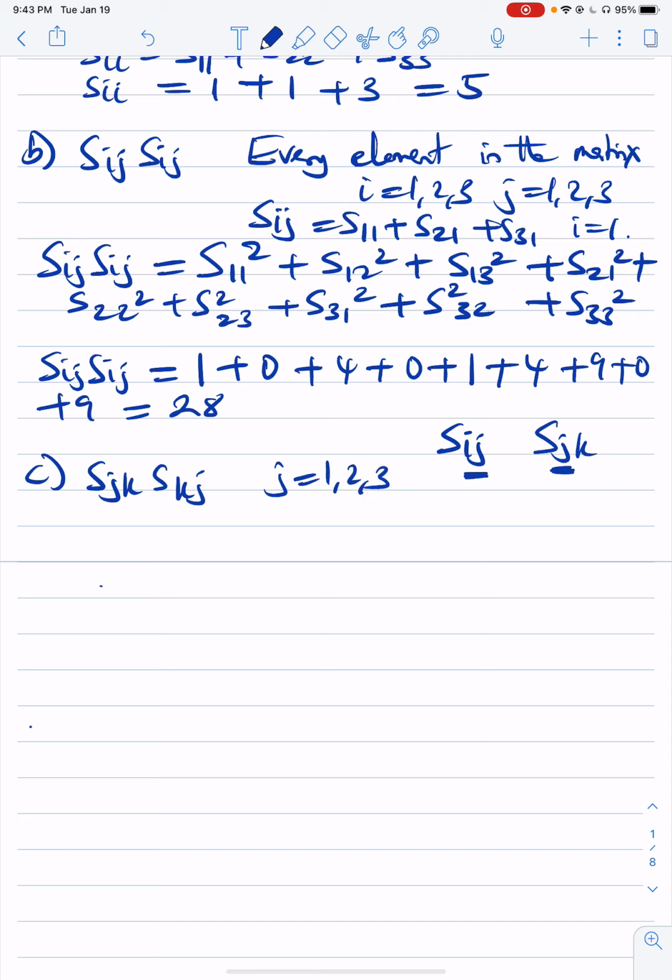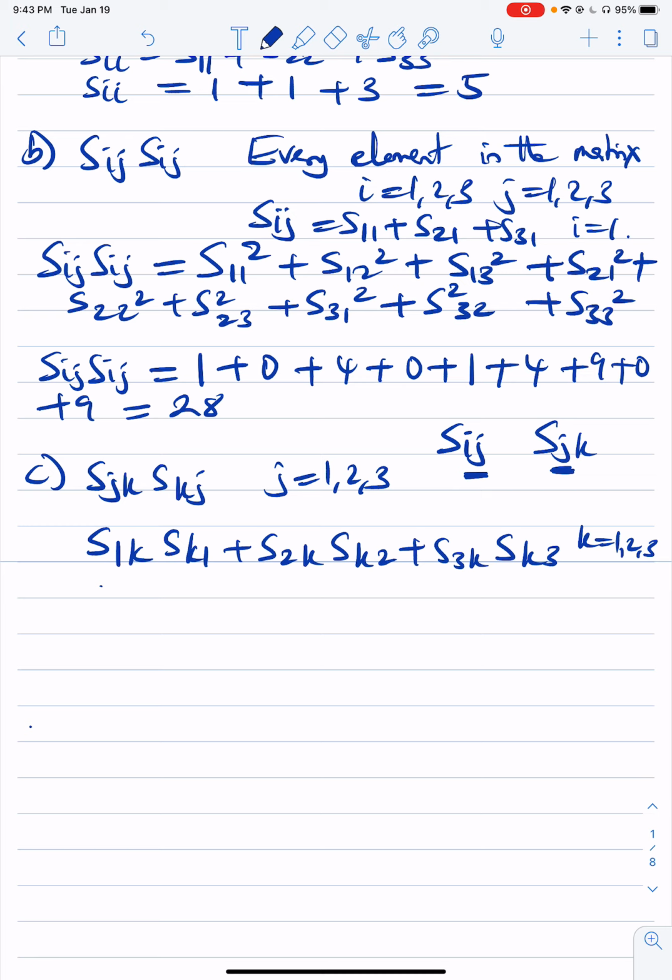Yeah. So all you need to do is to split that out. You start with j equals 1, 2, and 3. So S1k Sk1, plus S2k Sk2, plus S3k Sk3, right? Then the next thing we do is to have k equal to 1, then 2, then 3, starting with 1 first.